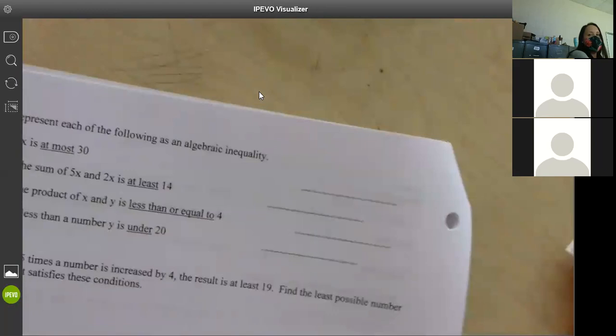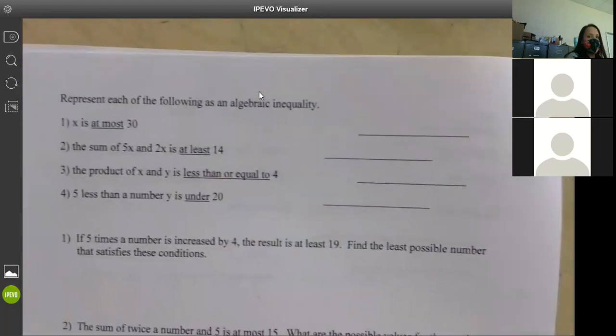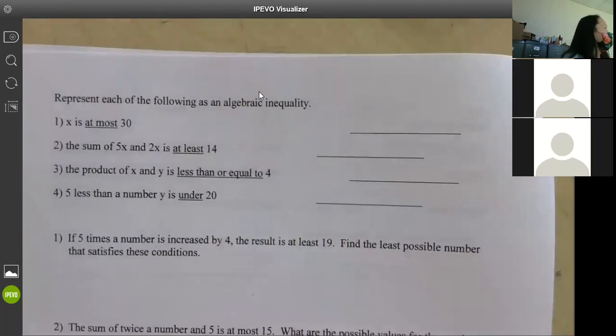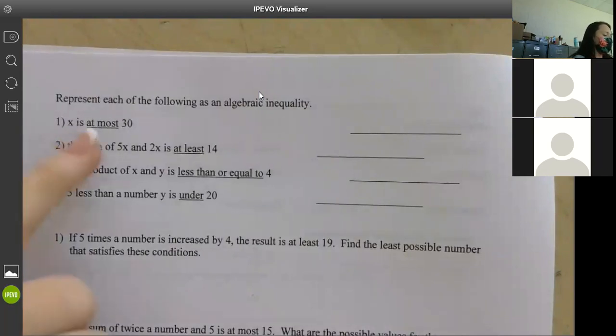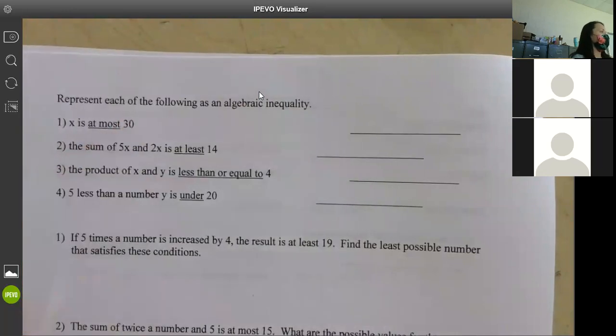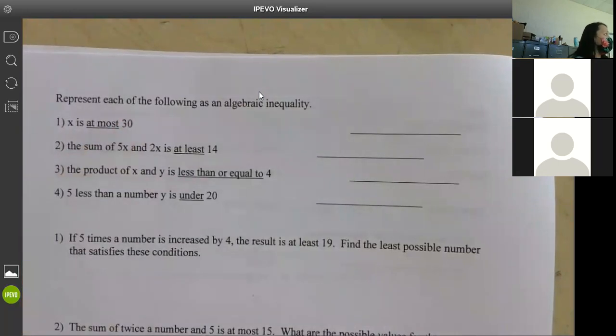All right, so now we're back to word problems. Same thing that we did with our equations, just now we're with the inequalities. All right, so represent each of the following as an algebraic inequality. So we're just writing it, we're not trying to solve it, just write it. It said x is at most 30, at most. At most means that is as big as it gets. Do not go any higher.